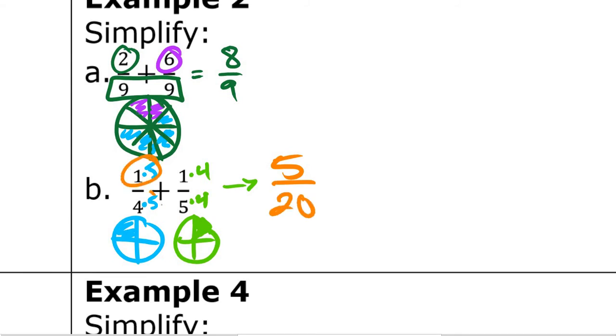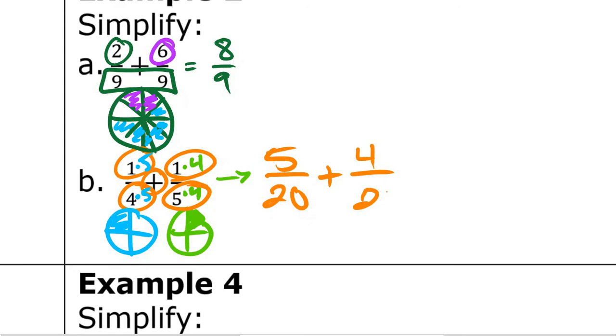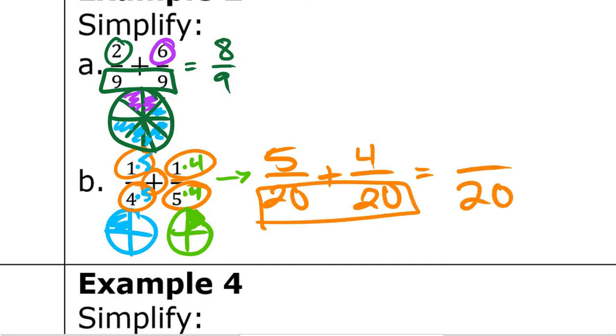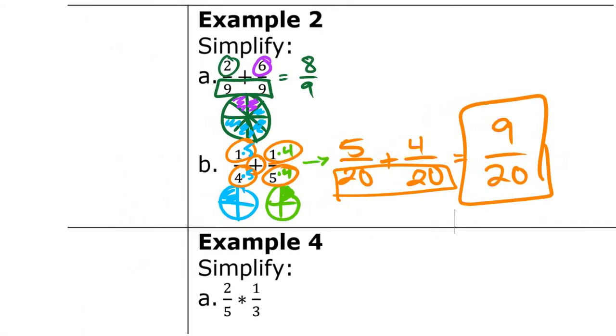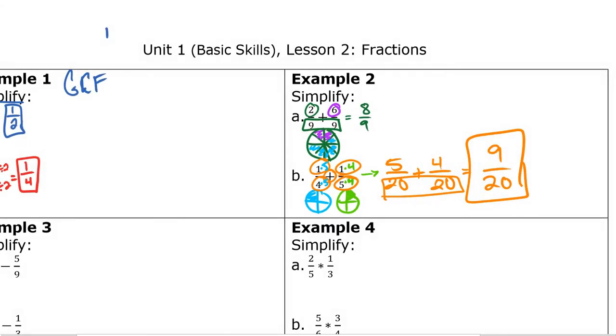That was 1 times 5 and 5 times 4. Plus 4 times 1 is 4. 4 times 5 is 20. So now we have a common denominator. We can add. We know it's going to stay the same. 5 plus 4 is 9. We much prefer it when they give us denominators that are in common.